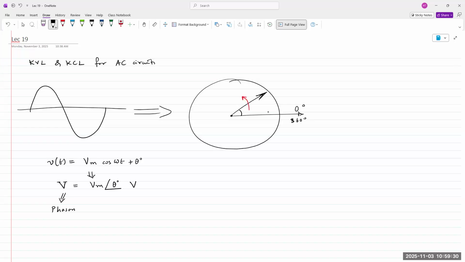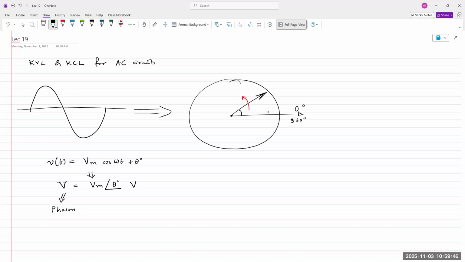Okay. So inductors have something known as impedance. Capacitors have something known as impedance, meaning they have a value, magnitude, and then they have an angle. Inductors have an angle of plus 90. Capacitors have an angle of minus 90.